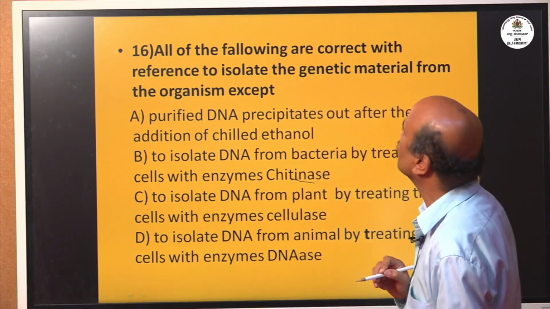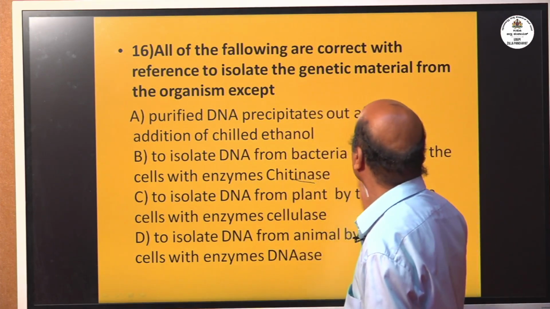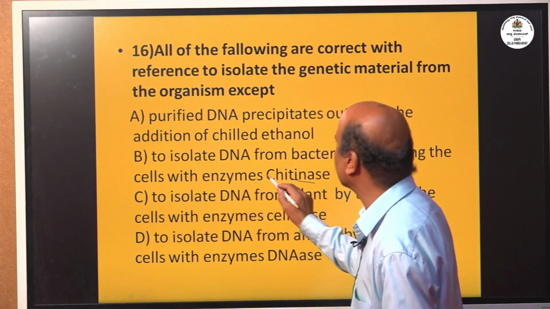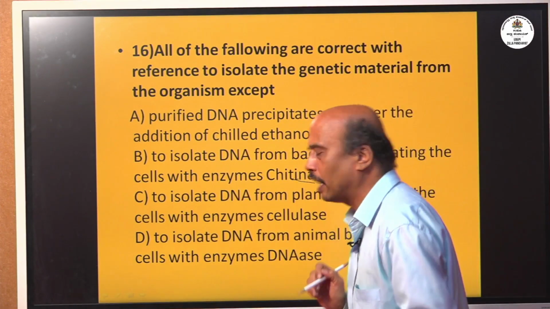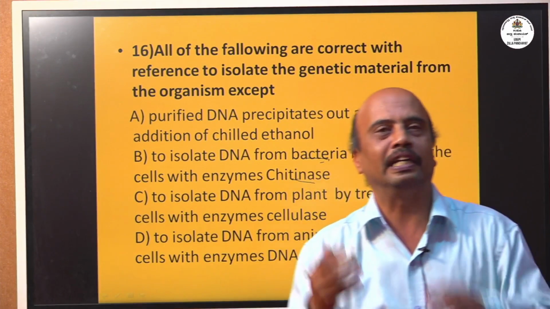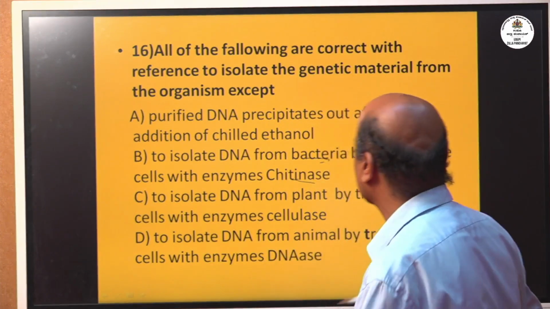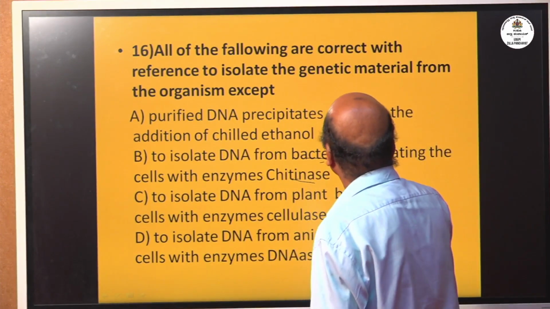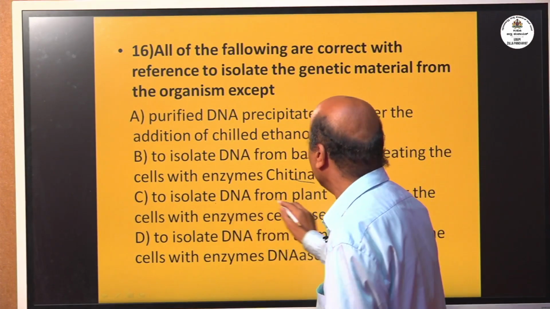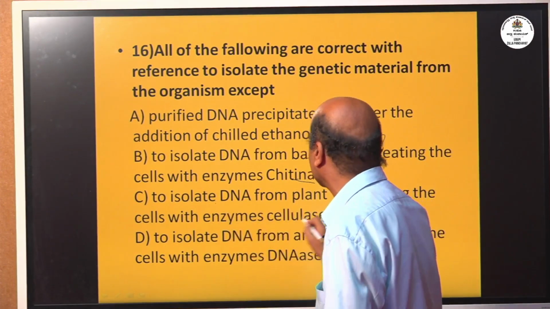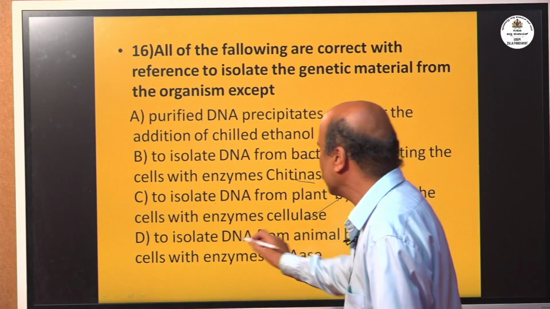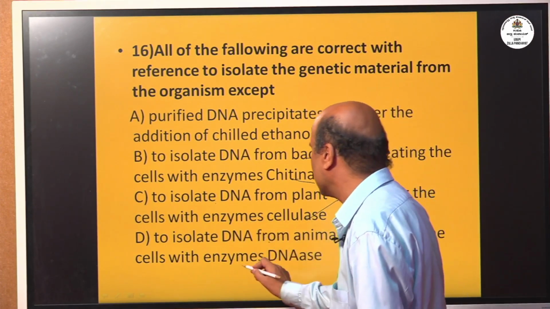So that is treating the cells with enzymes. So bacteria does not have chitin. Chitin is present in fungus. So it is wrong. Okay, this is wrong. Then to isolate DNA from plants by treating the cells with cellulase, that is correct. To isolate DNA from animals by treating the cells with the enzyme DNase.